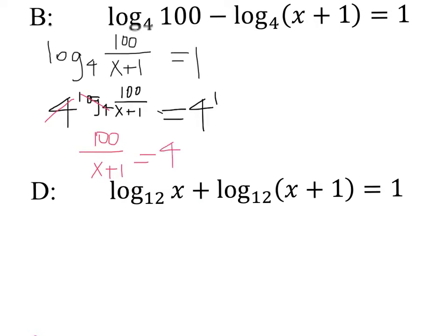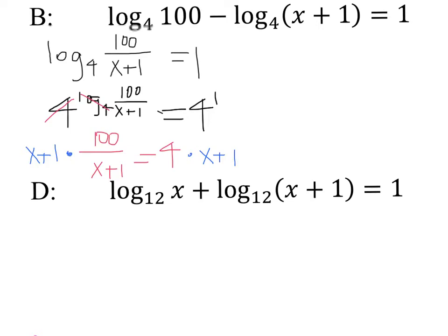Okay, now that the log's gone, all we need to do is solve for x. So in order to do that, we need to get rid of the denominator. So we're going to multiply by x plus 1 on this side, so we have to do it on this side as well.